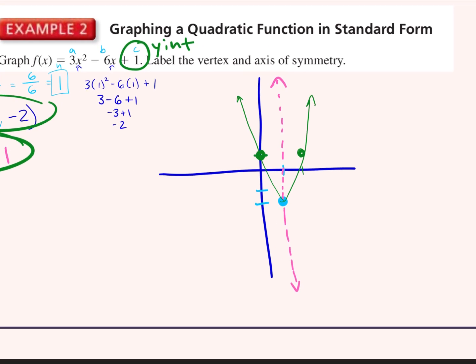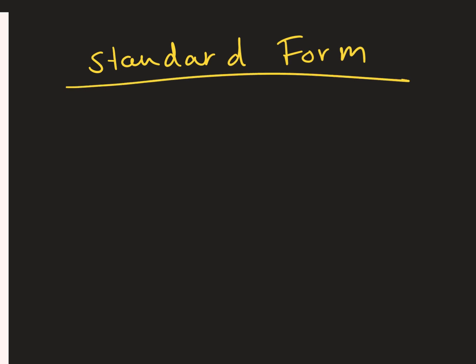All right, so yesterday I gave you steps for when we have vertex form. I'm going to give you the same steps when we have standard form. So to graph, when you're given standard form, first thing you want to do is use negative b over 2a to find h.